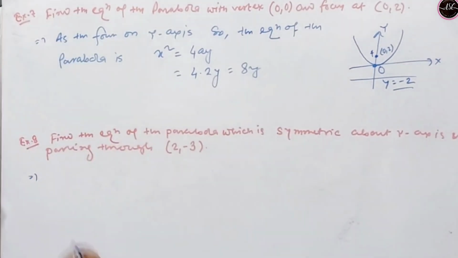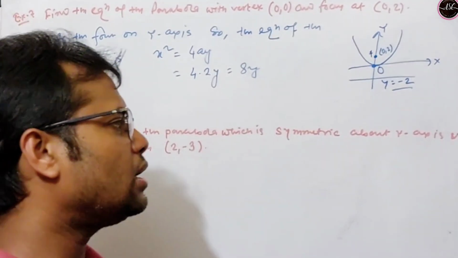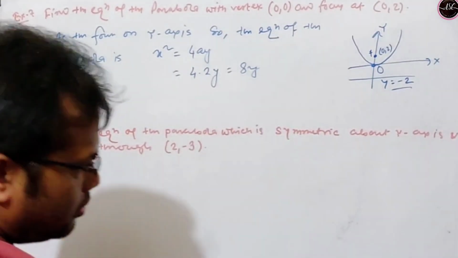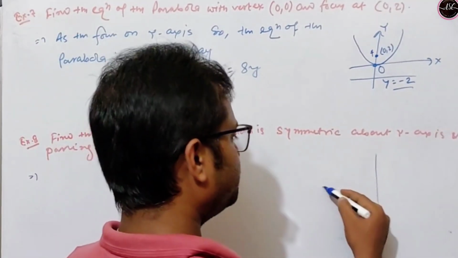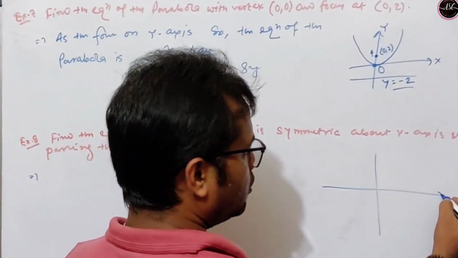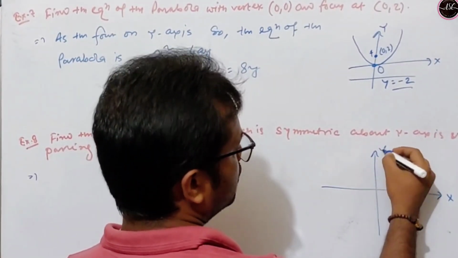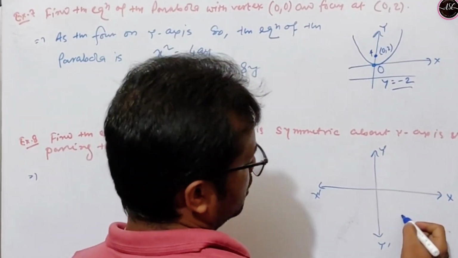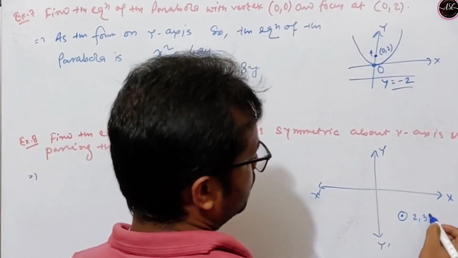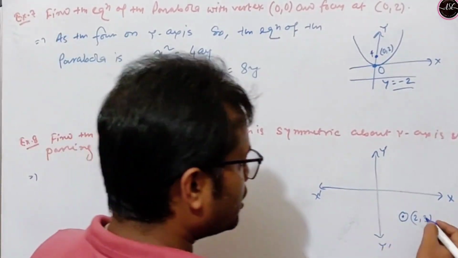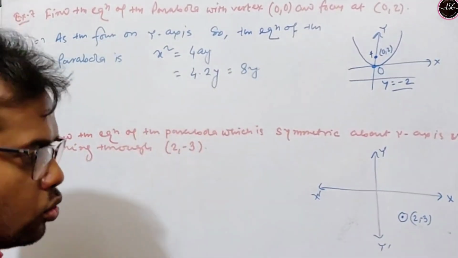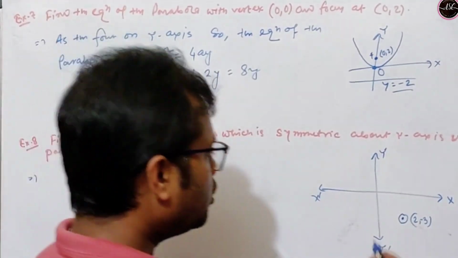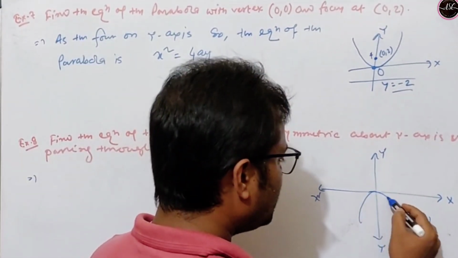Now look at this question. Find the equation of the parabola which is symmetric about the y axis and passing through (2, minus 3). The point (2, minus 3) is in the fourth quadrant, so the parabola must be like that.